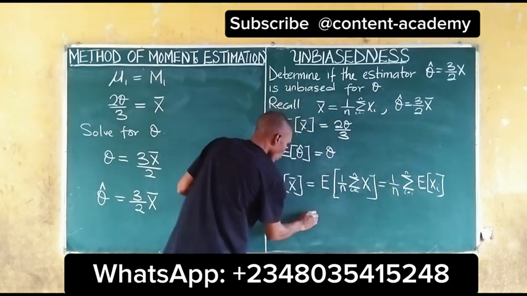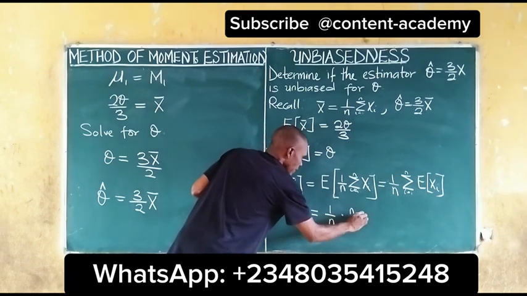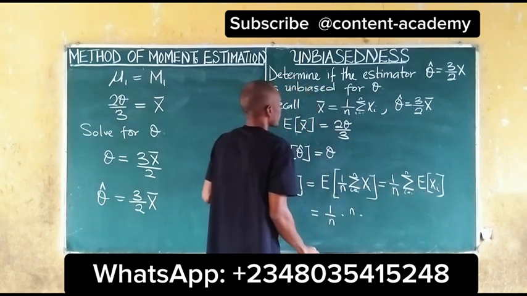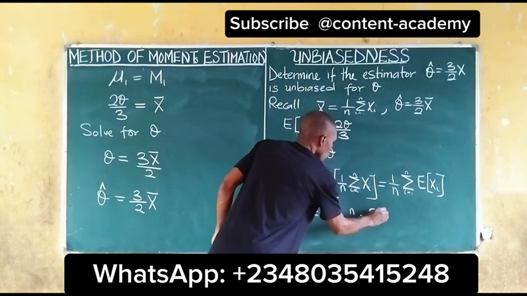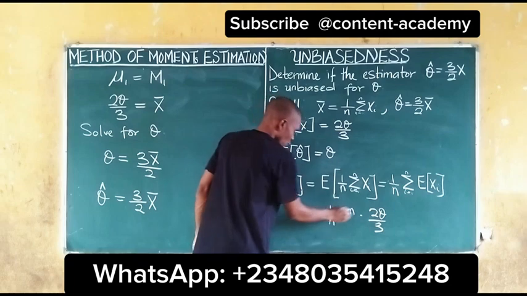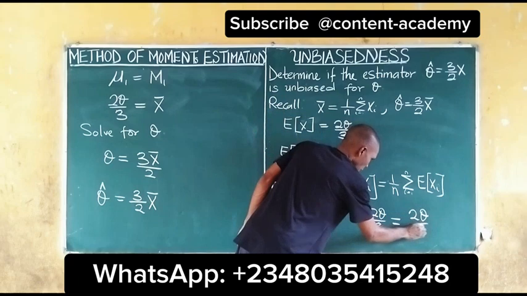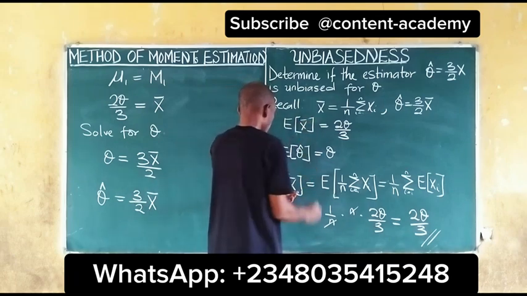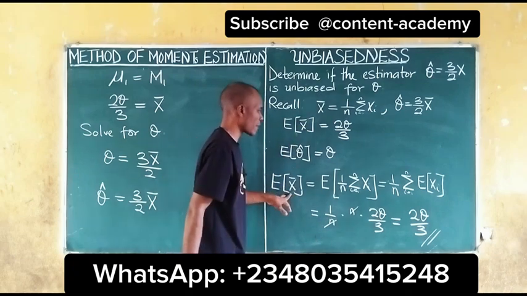So we have 1 over n multiplied by n multiplied by what we got as our expected value of xi. What we got as our expected value of x is 2 theta over 3. So this n cancels this n, and we get 2 theta over 3 as our expected value of x bar.